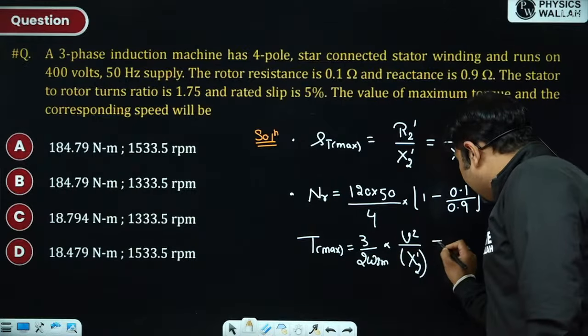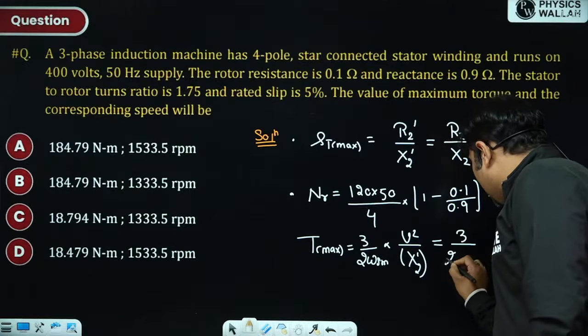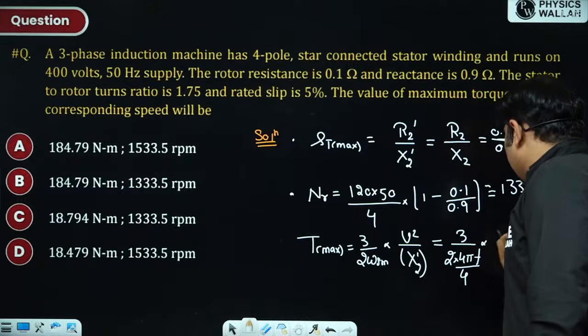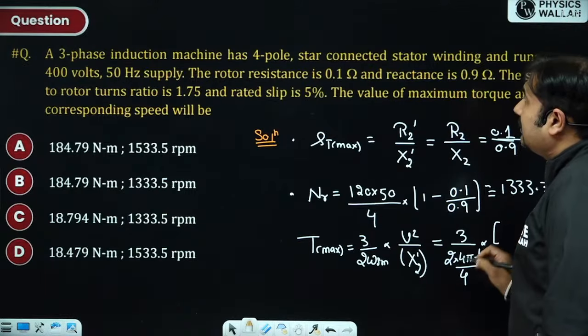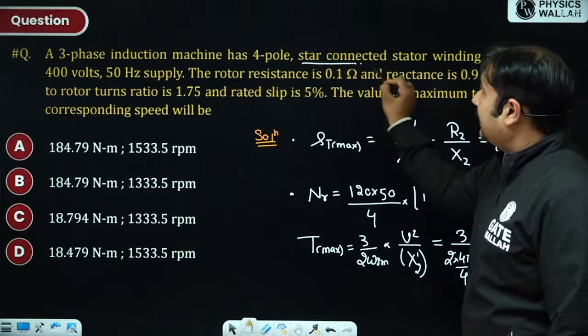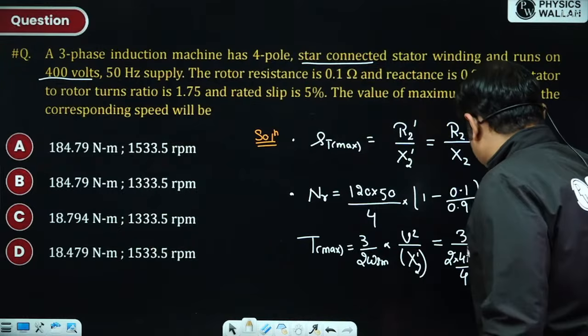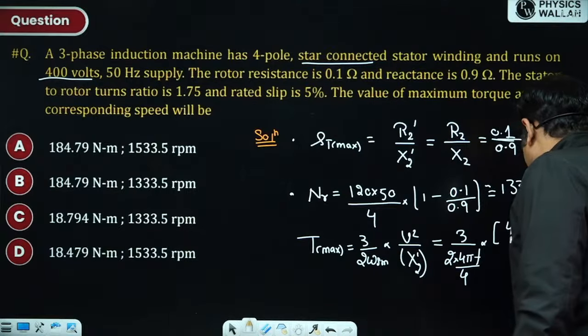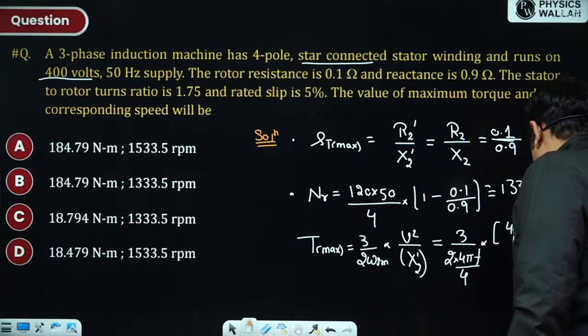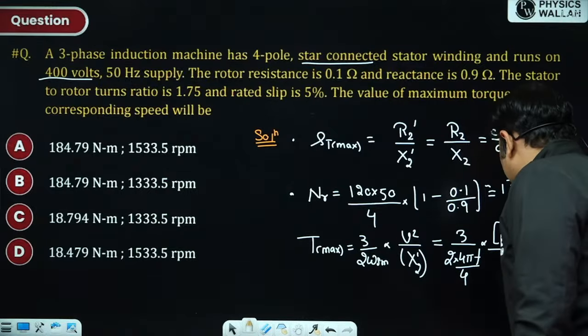Now please observe, 3 by 2 omega Sm, where omega Sm is 4 pi F by P, as this machine is designed with 4 poles. Per phase voltage: since the machine is star connected, the voltage given is a line voltage and we have to choose a phase voltage. 400 by root 3 square divided by X2 dash.